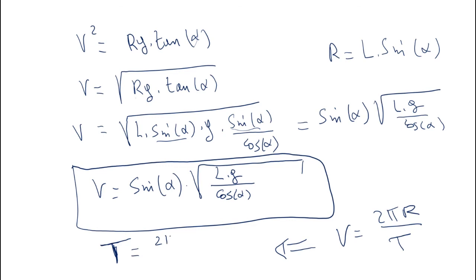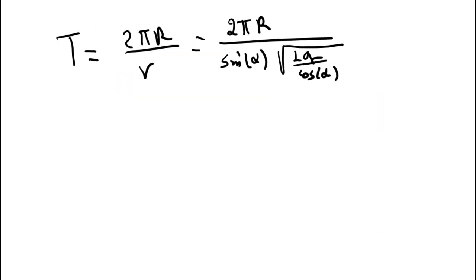It will be just 2 pi r over the speed. We find the speed is sine of alpha times the square root of the length of the wire times g divided by cosine of alpha. R is the length of the wire times sine of alpha.